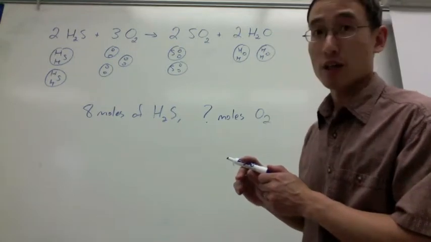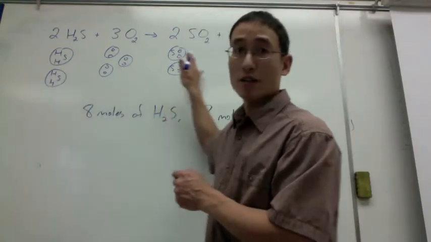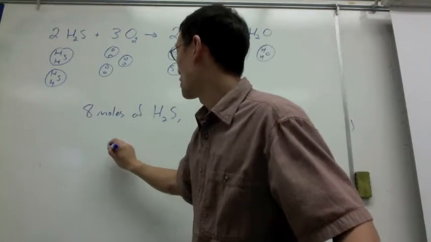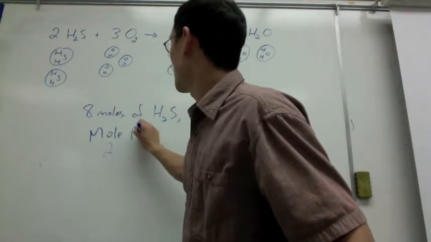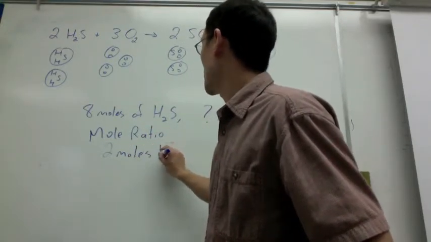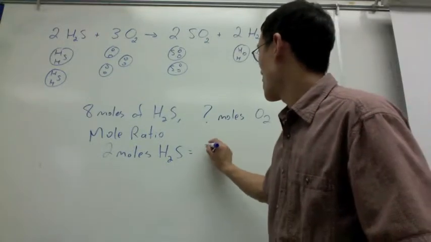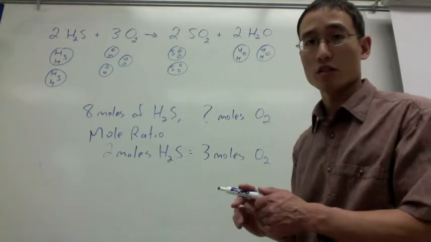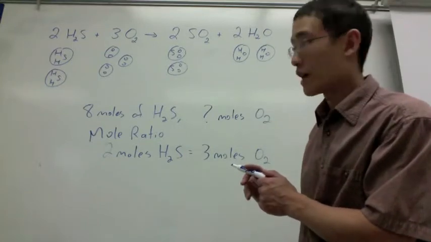The mole ratio tells us that the balanced equation says for every 2 moles of H2S, you're going to need 3 moles of O2. This is what I call the mole ratio for the two things that I have.